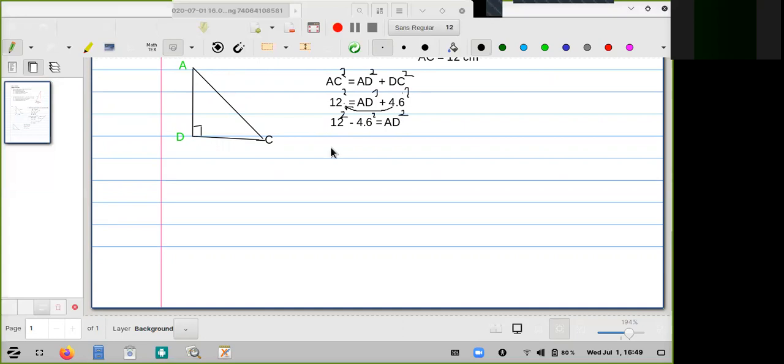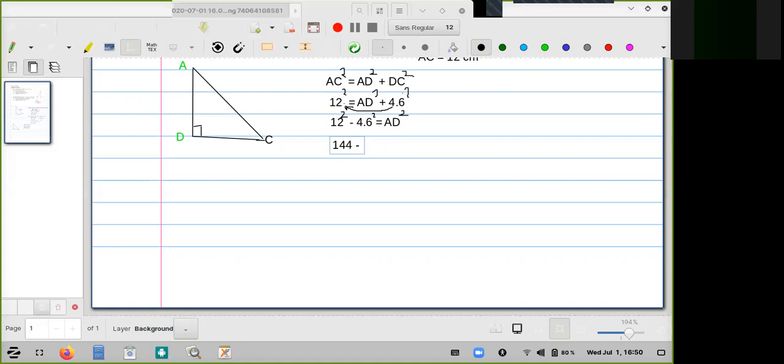All right, this time I'm not going to use factorization. I'm just going to make use of simplification. 12 times 12, we come up with 144. Then we subtract 4.6 squared from my calculator.